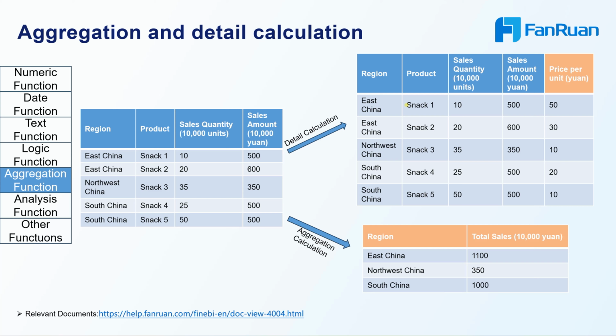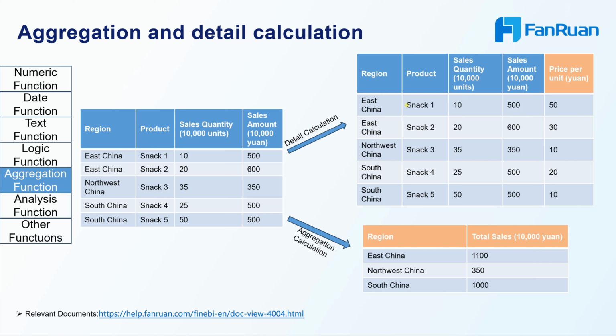First, I want to calculate the unit price of different products. I can use a single row, that is, sales divided by quantity, which gives us the unit price. As you can see, each row remains the same as the original data structure, but a new column has been added. And each row corresponds to a value.